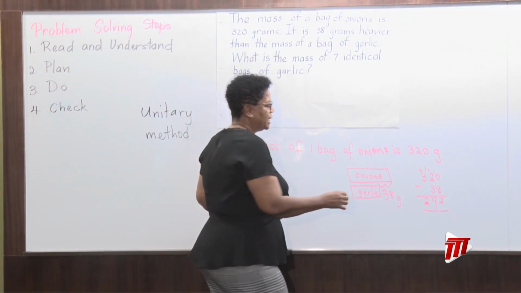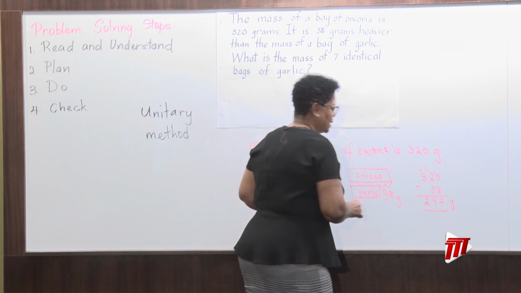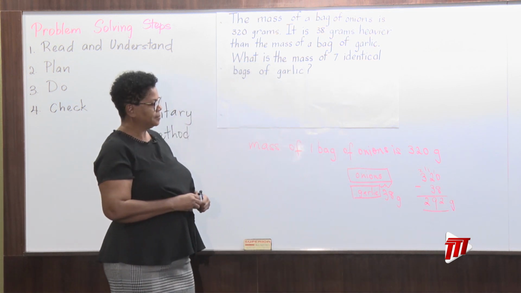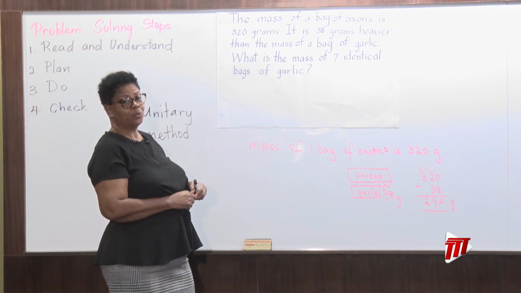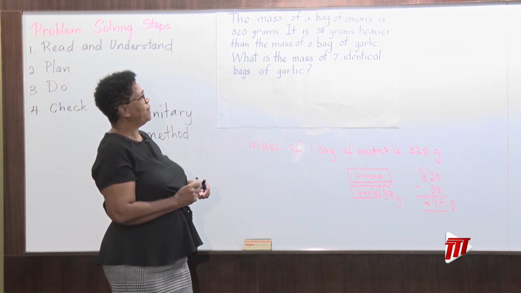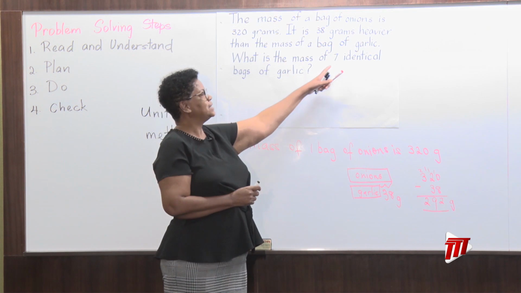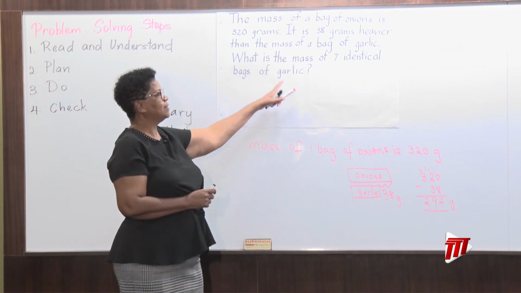So 292 grams. That's our garlic. What else do we know? What do we have to find out? We have to find out the mass for 7 identical bags of garlic.